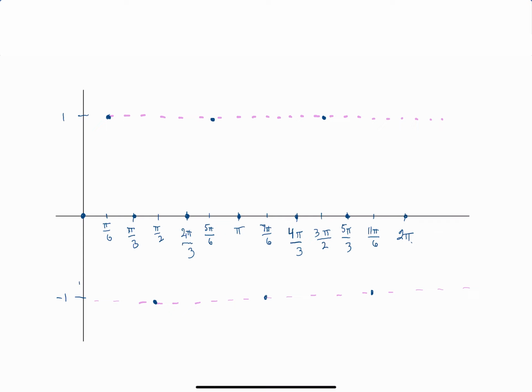Time to connect the dots. I kind of wish I hadn't made the 1 so high and the -1 so low. This would be easier to draw if I hadn't, but that's okay. We'll deal with it.